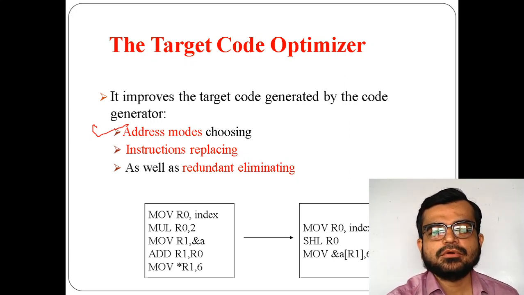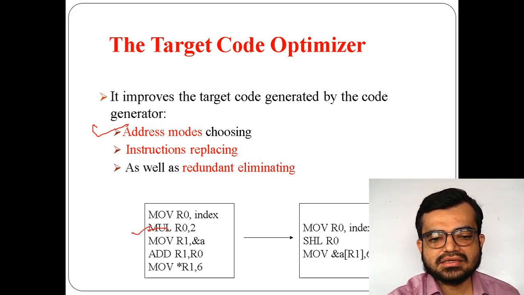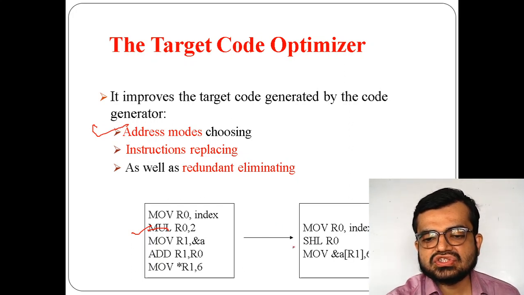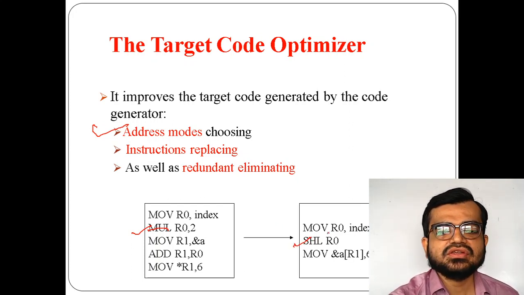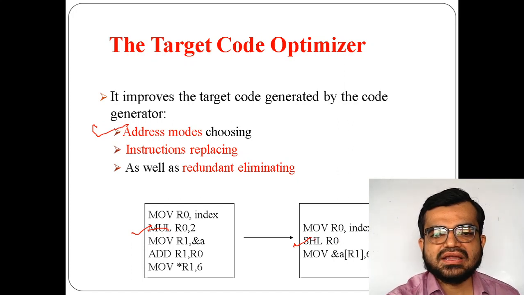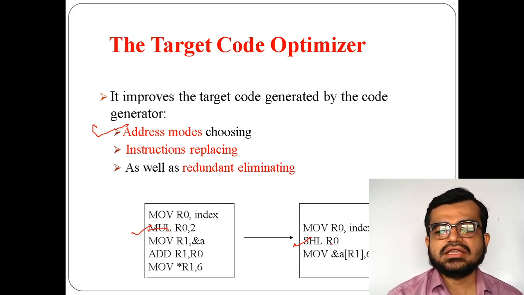For example, instead of the multiplication symbol in this case, you are using shift left. Because of this shift left, the addressing mode has been changed to shift left, and this shift left will execute, which means the processing speed will increase.